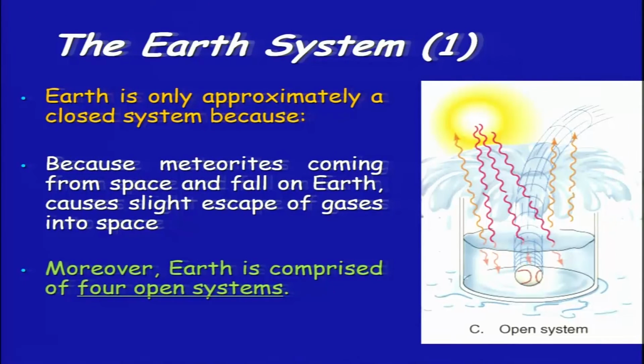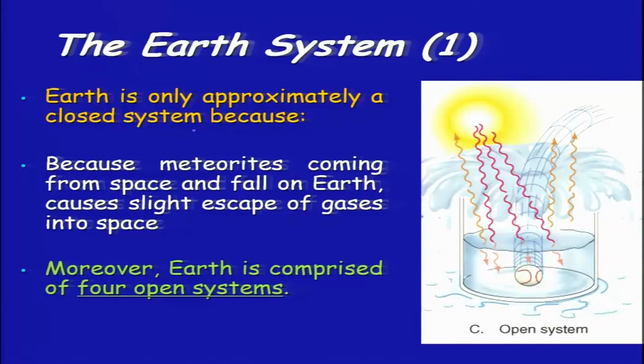Moreover, Earth comprises 4 open systems. This is an exchange of energy as well as matter, so it becomes an open system.